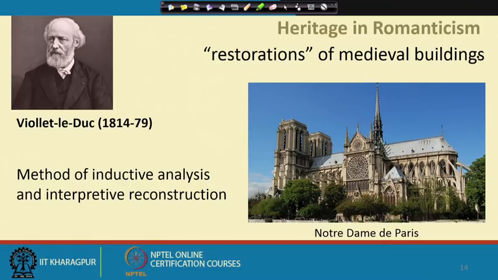Some of the 18th century or later additions were removed, whereas additions of a particular period, the 12th century and others, were kept, and sometimes new portions and new elements were reconstructed to complete what it should be according to the restorer. So, his interpretation is very important in this case.